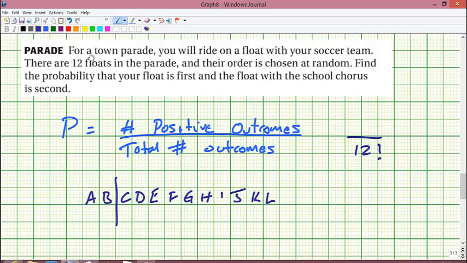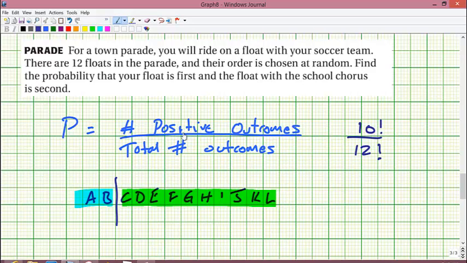So for the number of positive outcomes, you've already decided that you're only interested in the outcomes where A and B are in the first two positions. So the only ones which can vary now are the rest of the 10 floats, which you're not particularly interested in. And the number of ways you can arrange 10 items is 10 factorial.